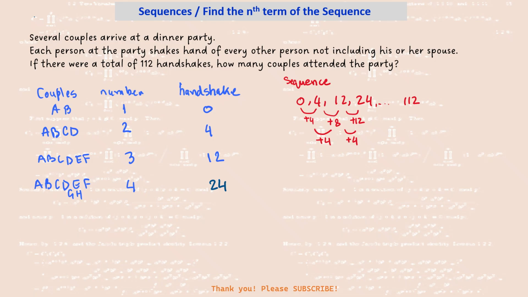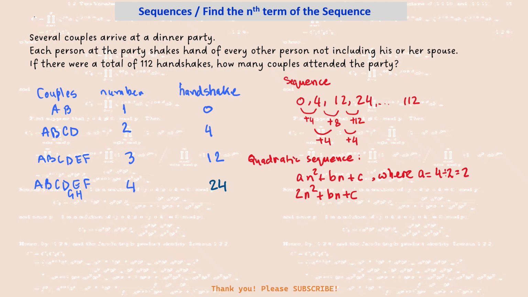If you have 4 as the second level of difference, you halve it, and so for the quadratic sequence an squared plus bn plus c, a would be 2. So the coefficient of n squared would be 2. n is the number of terms here. So we write it as 2n squared plus bn plus c.